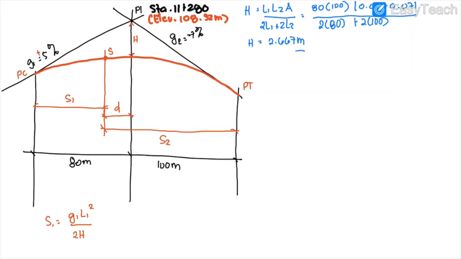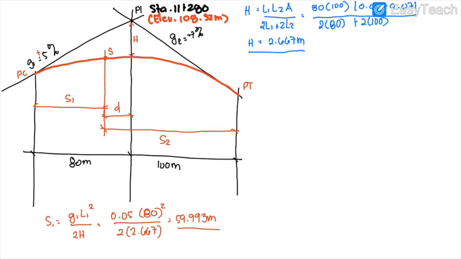gives us H of 2.667 meters. Then we can immediately solve for the location of the summit, but we need first to compare that with S1 and S2. S1 grade is 0.05 for G1, length of 80 meters squared over 2 times 2.667 gives us S1 of 59.993. But we need to check if it is within the span of S2.